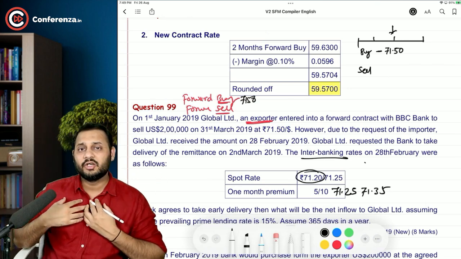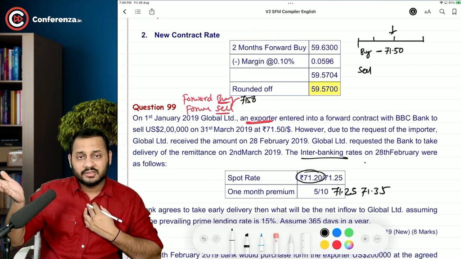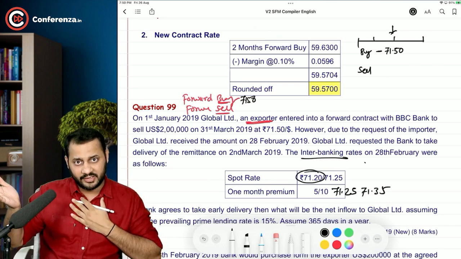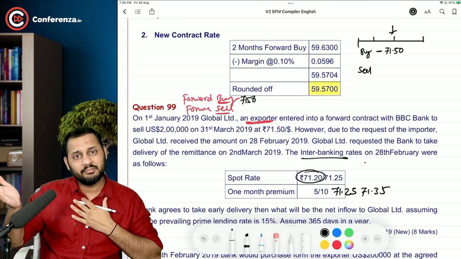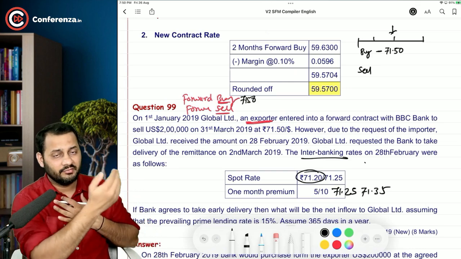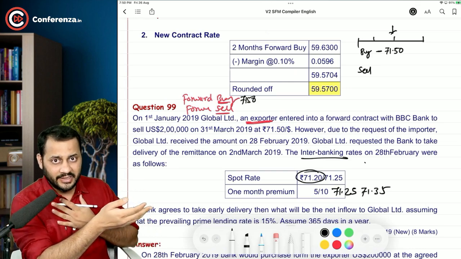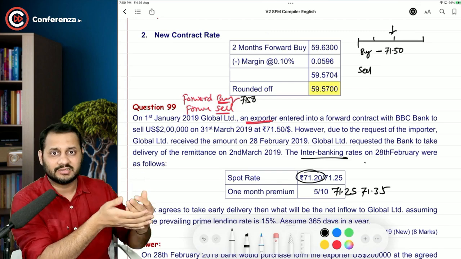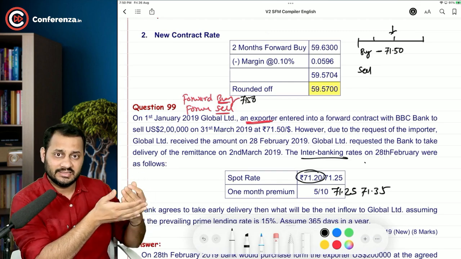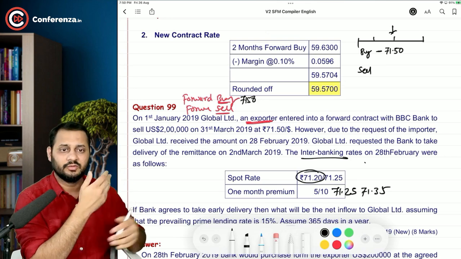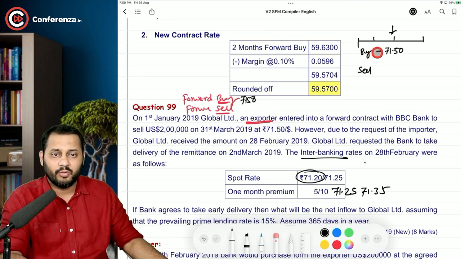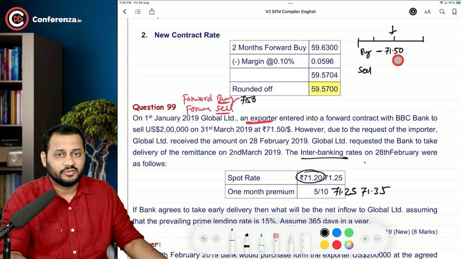Whenever we are entering into a transaction with the customer, the rate has to be interpreted from our angle. So at that time, buy means bid. But when we are dealing with the other bank and we are buying, he is selling, so the ask rate. We are selling, he is buying, bid rate. This is how we are going to interpret. So we bought $2 lakh early and we sold it at the spot.